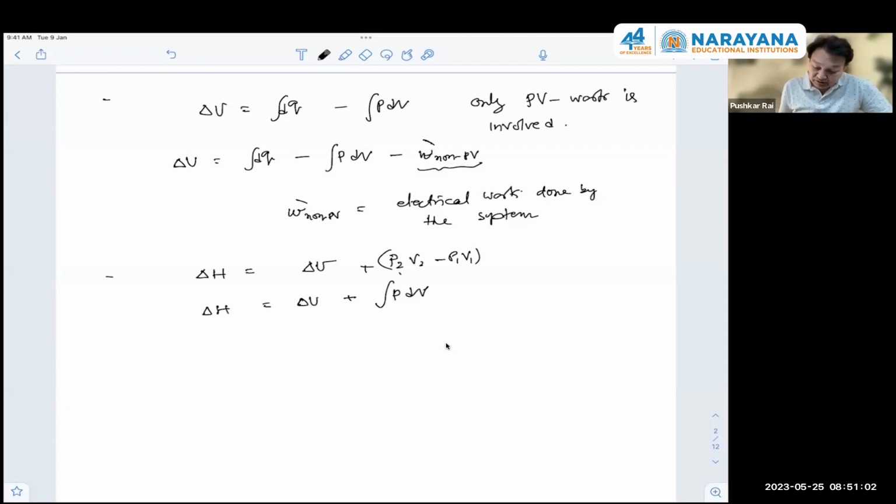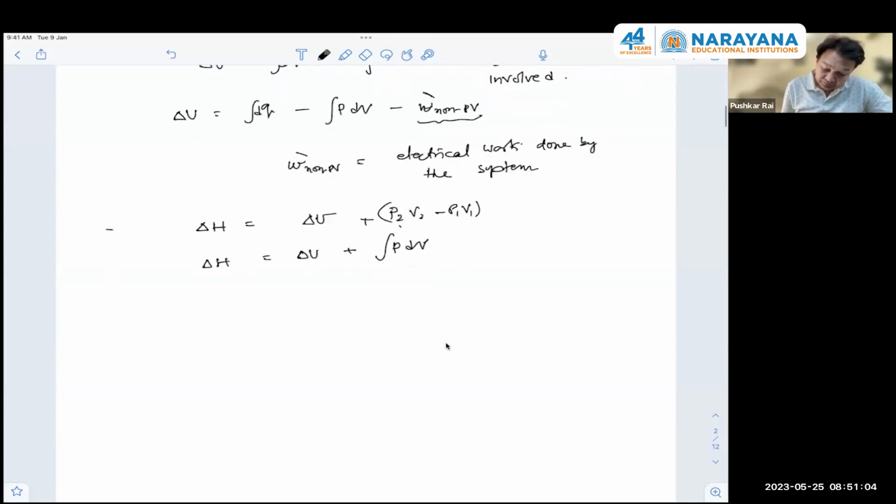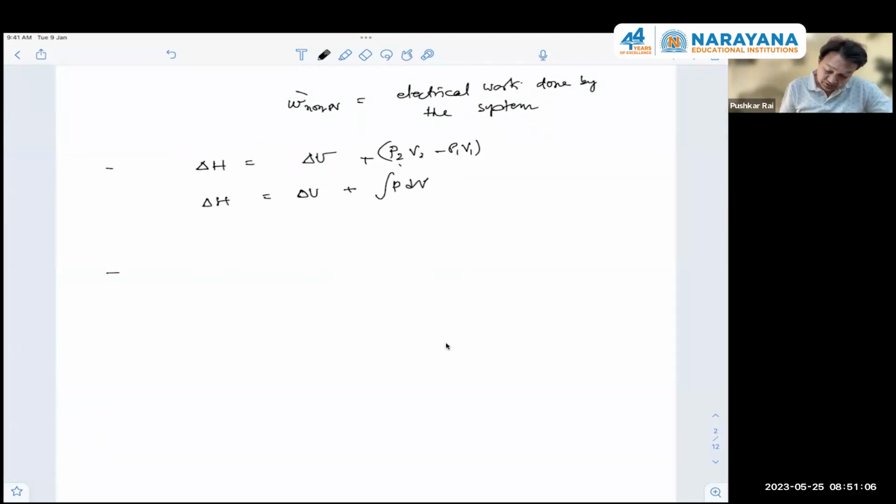Now, another question here is: if we take it still further to delta G, delta G is equal to delta H minus T delta S. In fact, the perfect recipe to do this is to write G is equal to H minus TS, and then differentiate. dG is equal to dH minus TdS minus S dT.